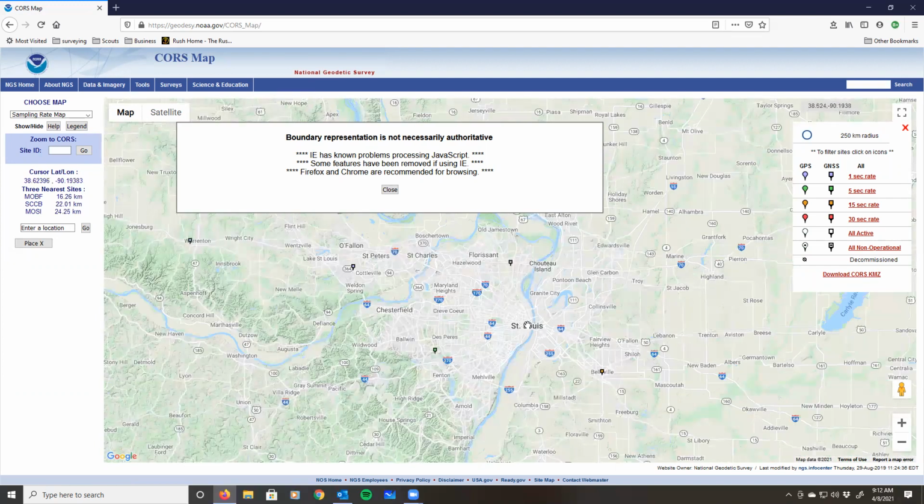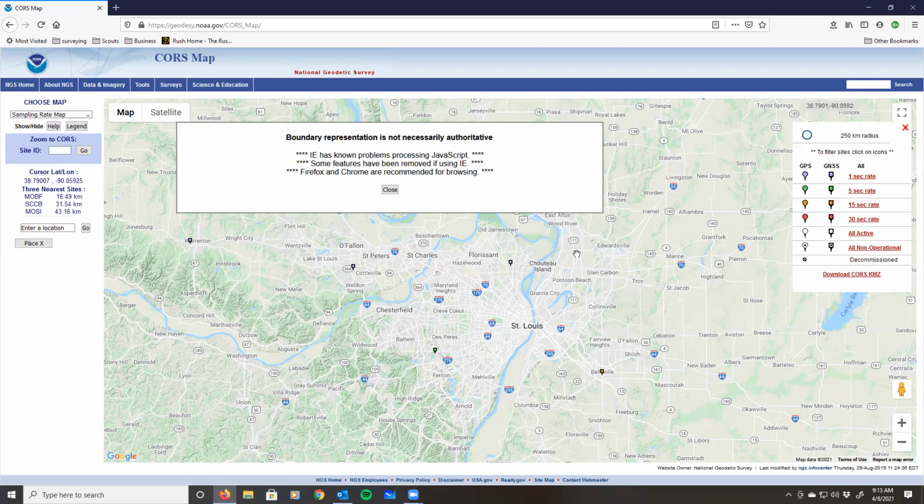It operates independently, the same with Cordy Construction and some of the others around the area. Basically, those stations don't make their information available outside of the network that they have.